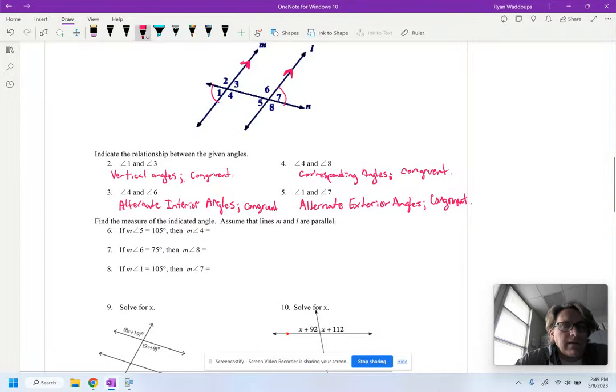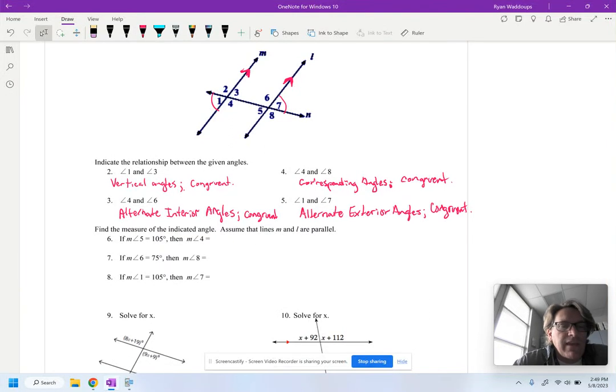All right, number 6, it says if a measure of angle 5 is 105, we can just label that in our diagram here. If the measure of angle 5 is 105 degrees, then what's the measure of angle 4? Well, these are consecutive interior angles or same side interior angles because they're on the same side of the transversal. They're interior because they're inside the parallel lines.